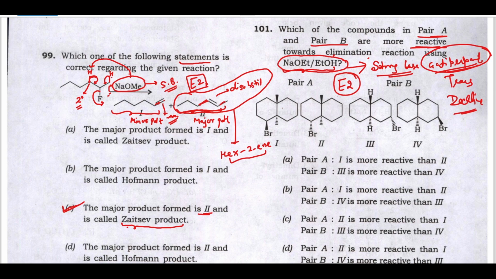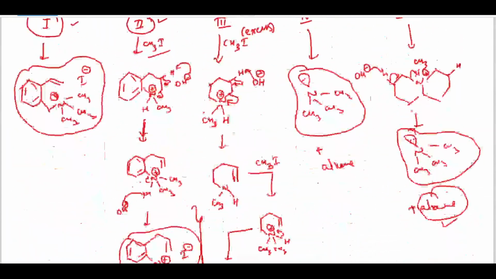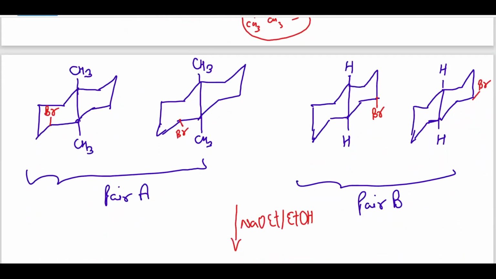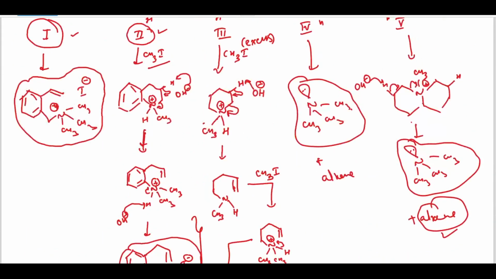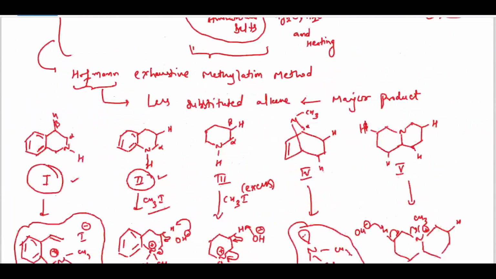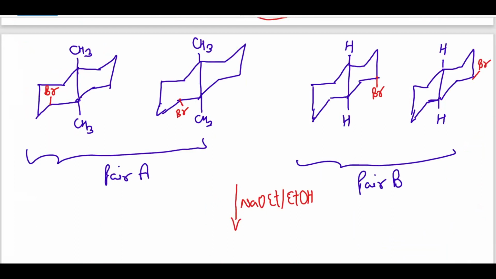So if we see these substrates in the form of decalin, this is pair A and this is pair B. If we give numbers, this is first, second, third, and fourth. Clear?